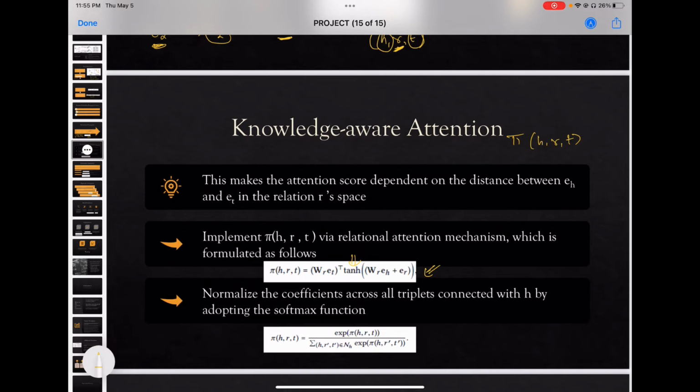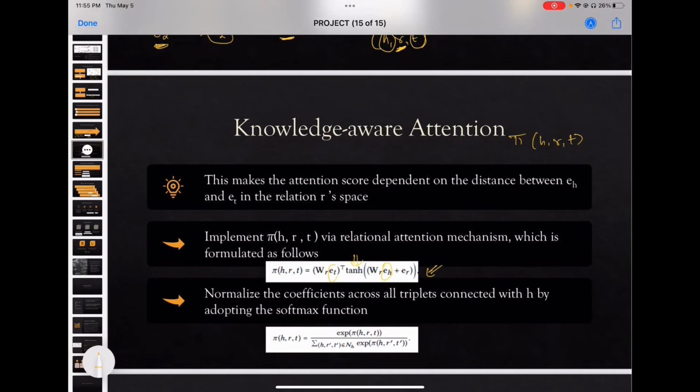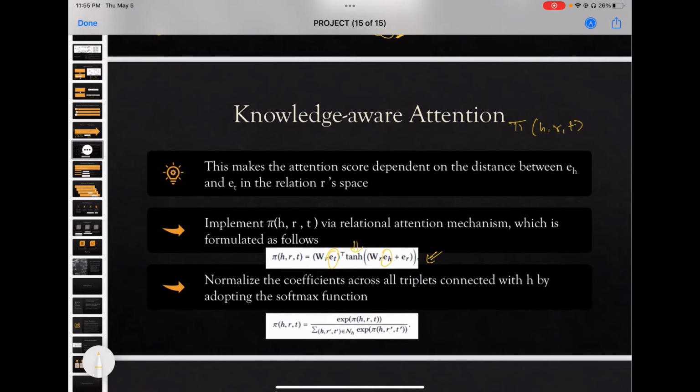This makes the attention score dependent on the distance between eH and eT in the relation R's space. For example, propagating more information for closer entities and less information for farther entities. And also, we employ only inner product on these relations for simplicity and leave the further exploration of the attention module as future work of this paper.